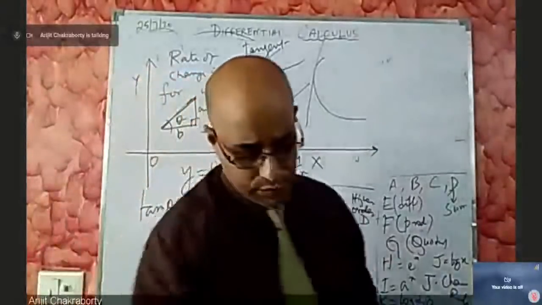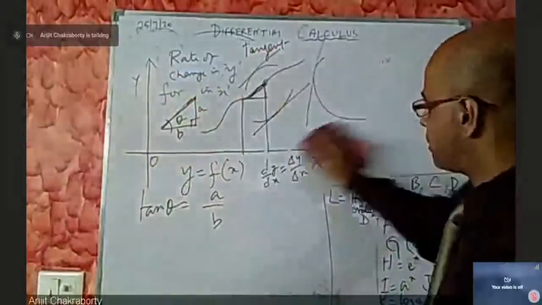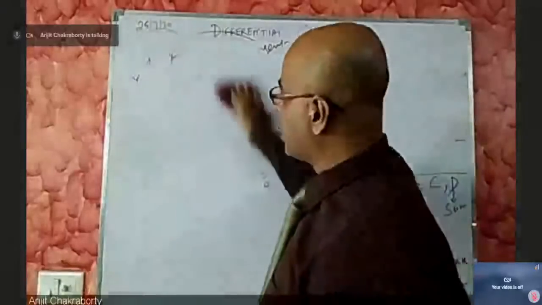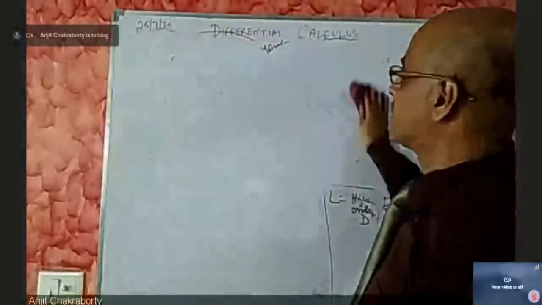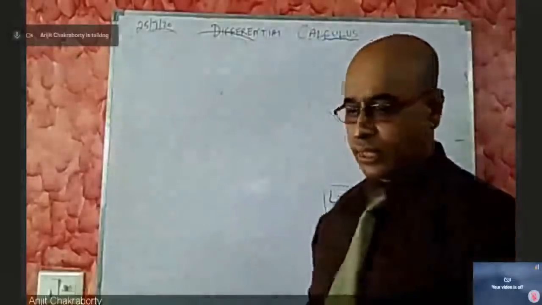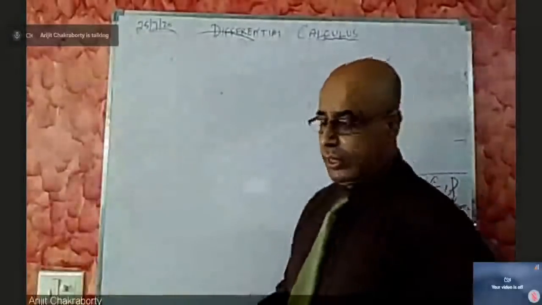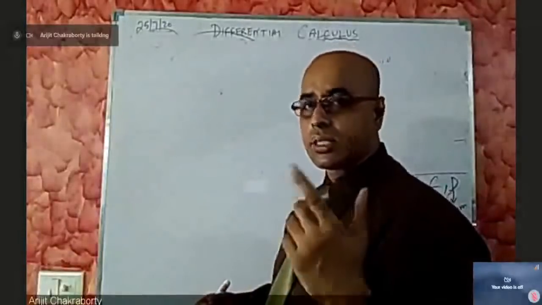Let me take one example of this. A curve is given, a function of a curve, that is of course a quadratic function. We have to find out the gradient or the slope.